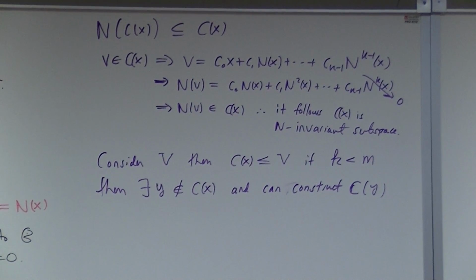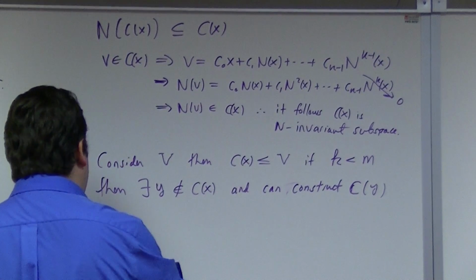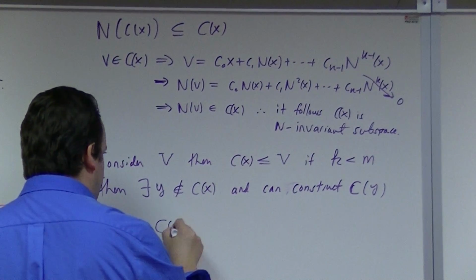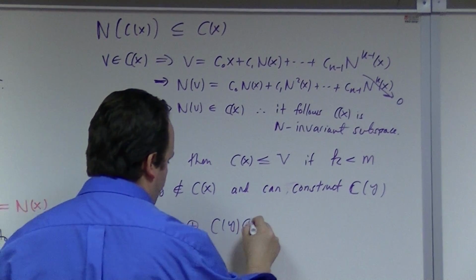It will have some other length, right? And you just keep doing this until you have enough cycles that you fill out all of V. Now, because it's n invariant, you're going to be able to write V as something like C of x, direct sum with C of y, and so forth.